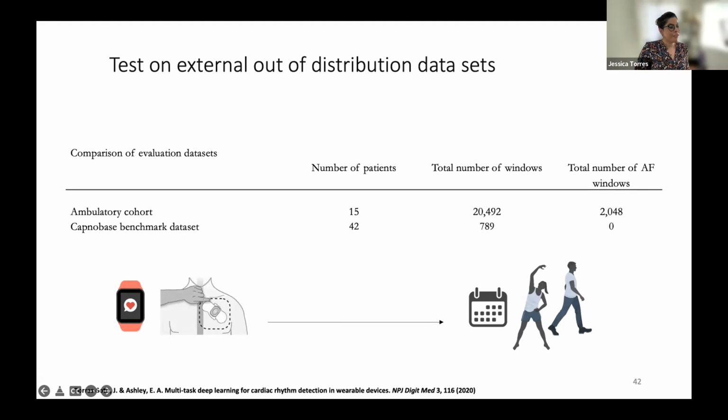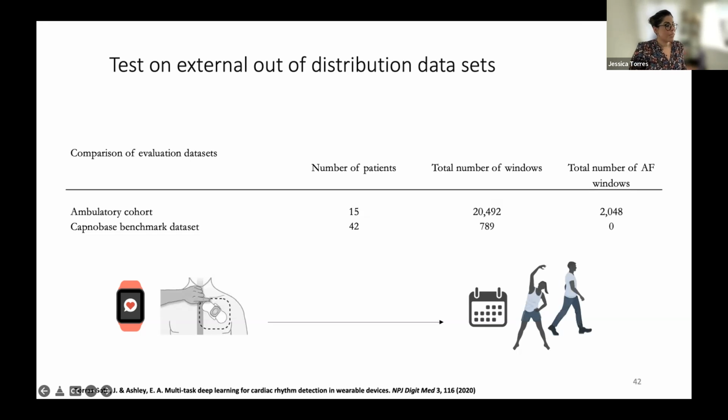So we consented 15 individuals in what we end up denoting as our ambulatory cohort. We broke those into 25 second windows, which resulted in around 20,000 windows. And of those windows, we had around 2,000 AF events that were a gold standard.